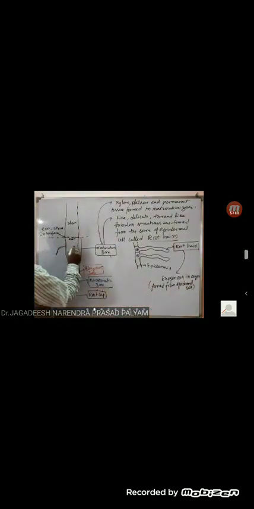So you can find many root hairs from a maturation zone. Now these are the root hairs.